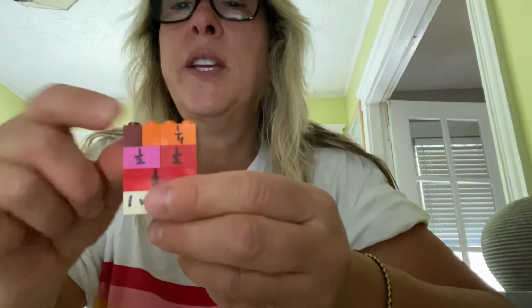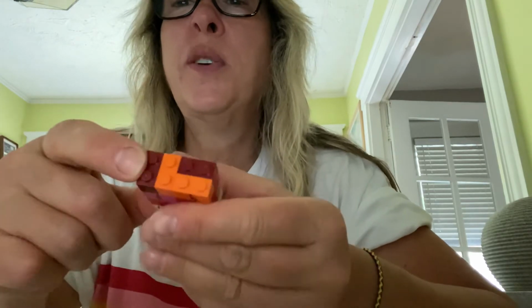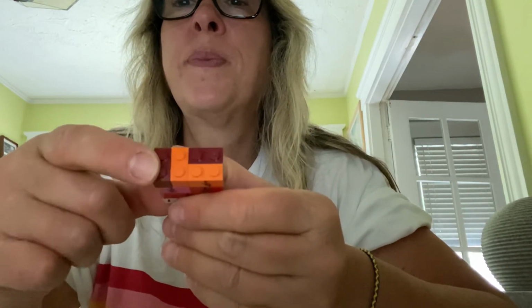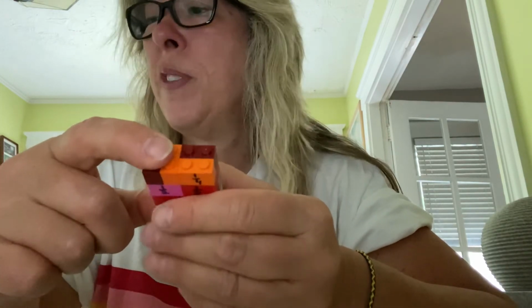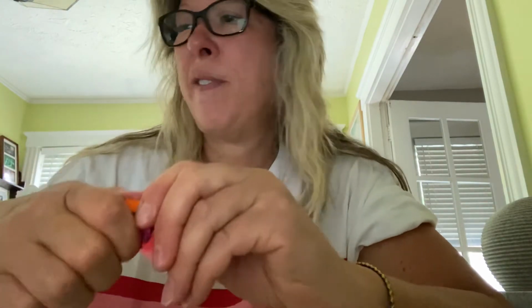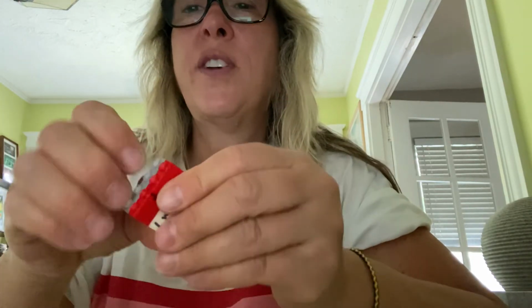See that? So each one of these little ones that has 2 dots is 1/4. The one with 4 dots is 1/2. Make another one here. These are halves. And these are halves too.